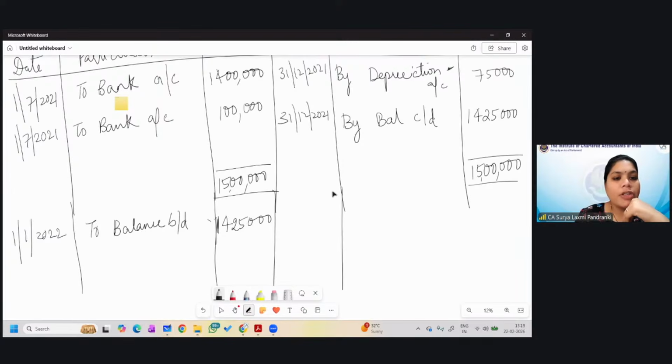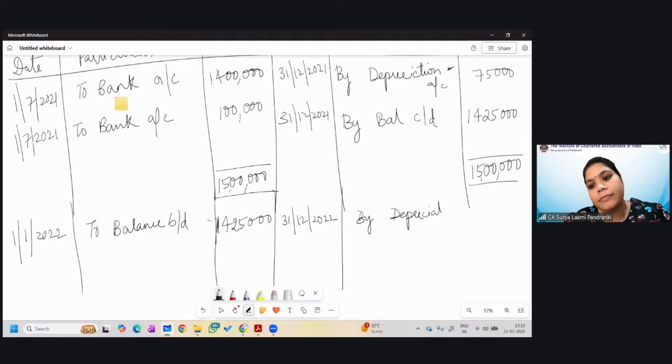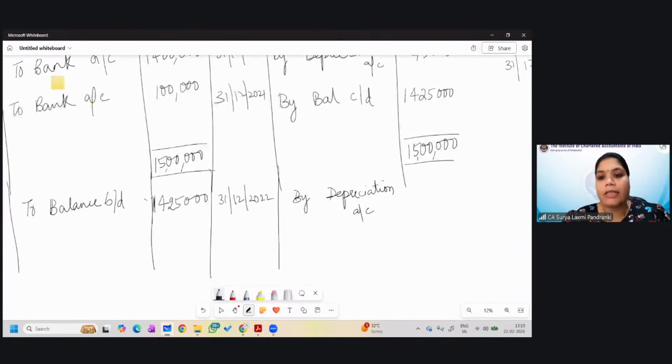There are no purchases, no new installation or other expenditure. They asked you to provide depreciation only. So the next one will be on 31st December 2022 by depreciation account. What is the depreciation amount? We don't know. Let us calculate that.